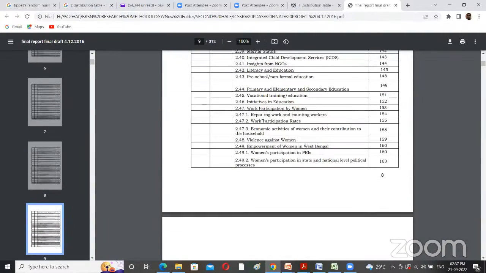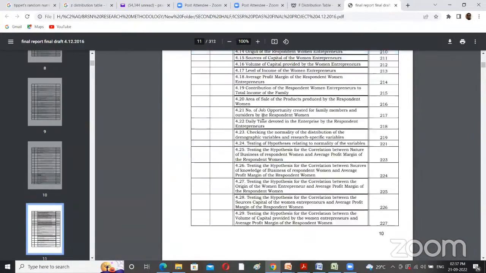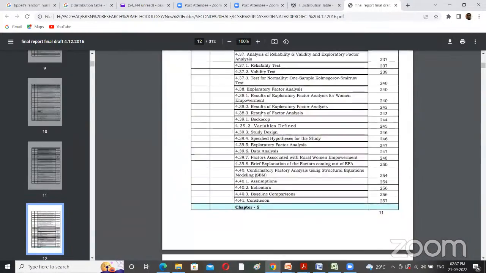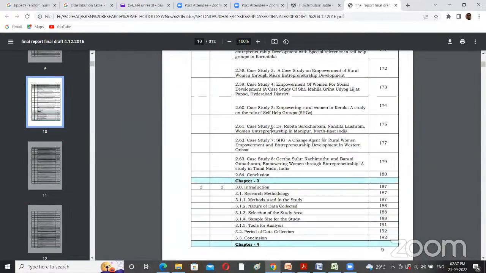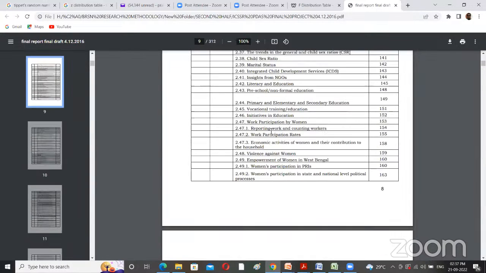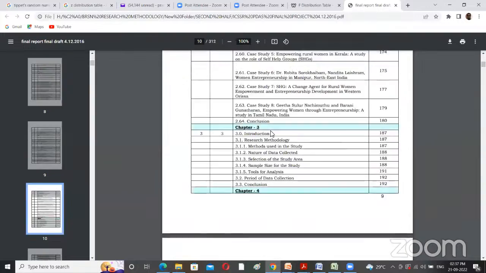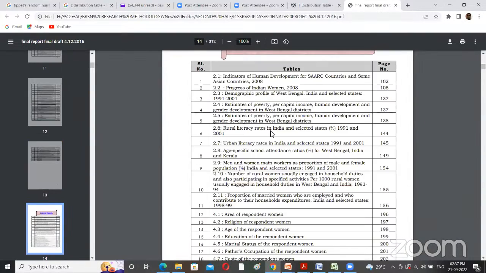And for the tables, again there are certain tables mentioned. You see the tables are also mentioned in the same way: 3.1, 3.2, 4.1, 4.2. These are the list of tables mentioned afterwards. You see 2.1 indicators of human development, 2.2 progress of Indian women, 2.3 demographic profile of West Bengal, and so on.